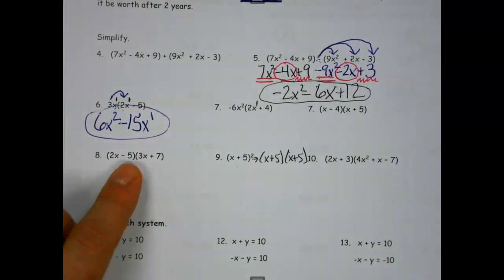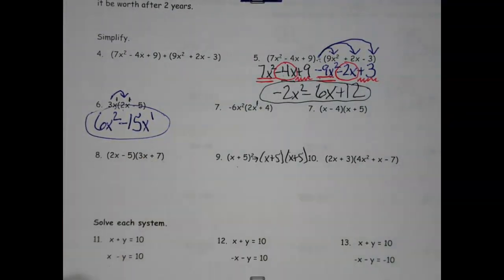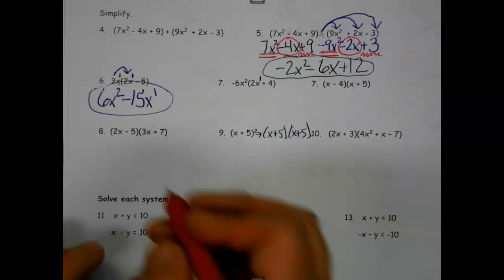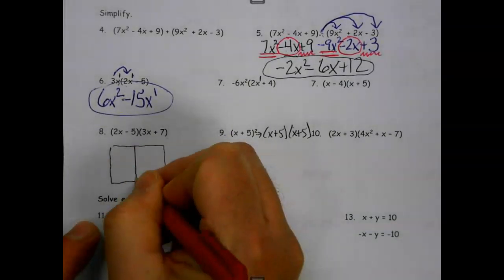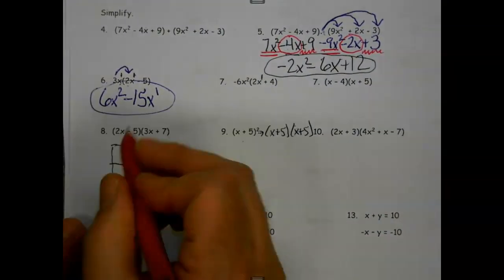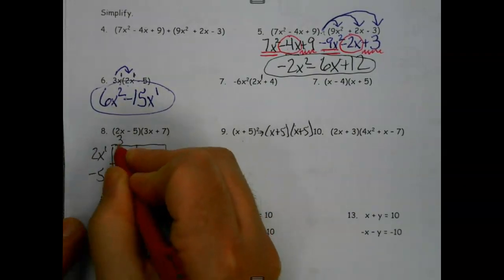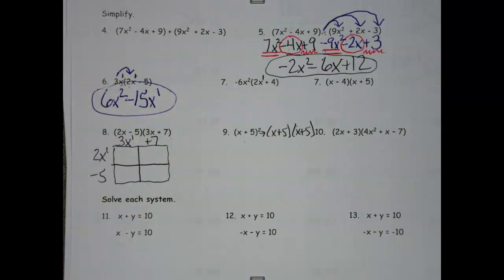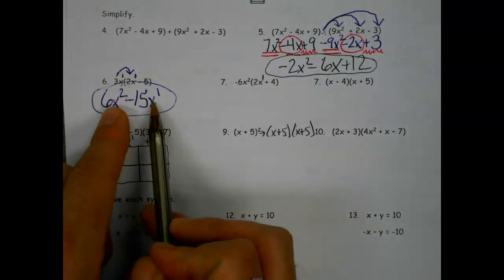But here, again, I saw some of you try to do the distributing like a FOIL method, but you'd lose terms, which is why I'm more of a fan of making a box, and then you just copy each set of parentheses. And then the rules are exactly the same as what we did here.